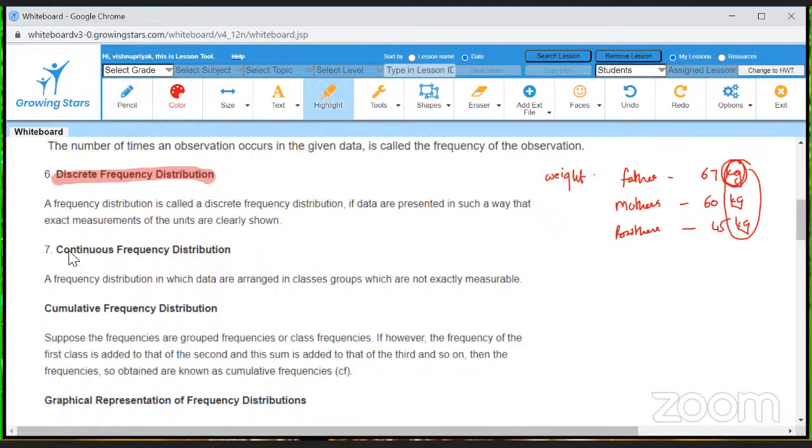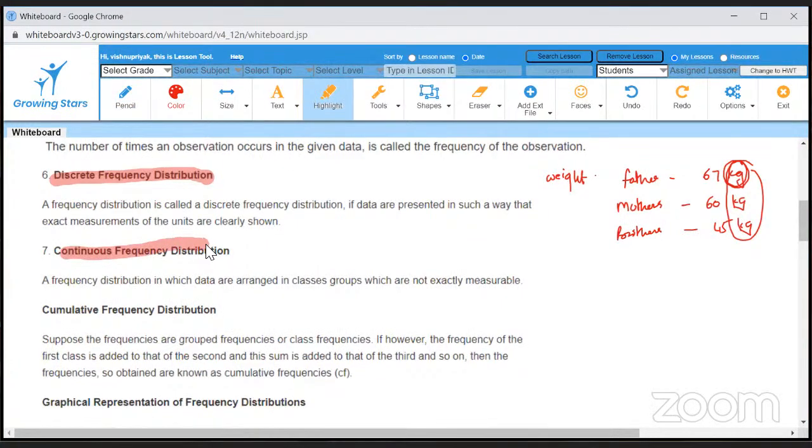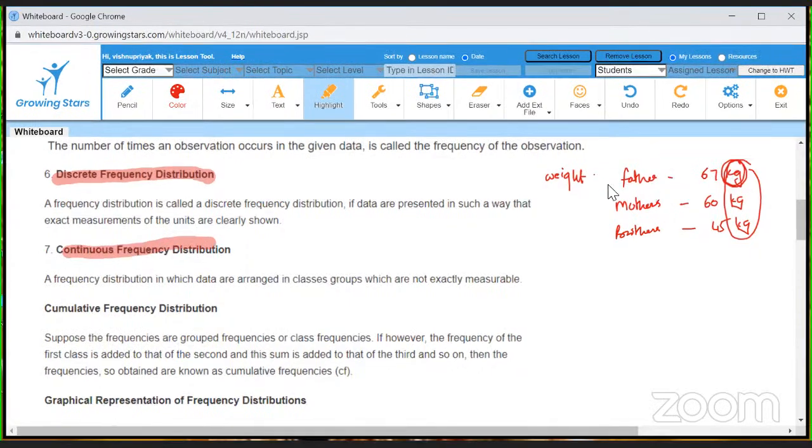Next, what is continuous frequency distribution? So in this, what happens is you will make a table. You will take the classes, class intervals, groups.